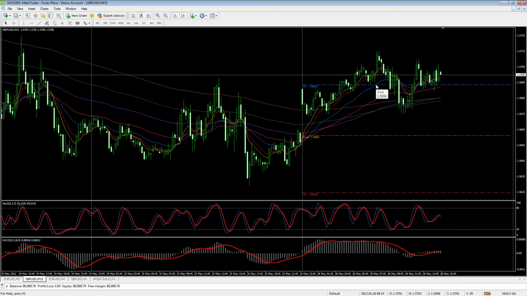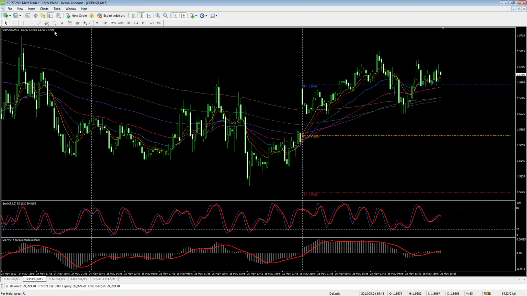What I suggest, and what I do, is organize 4 or 5 charts of the same currency pair on one screen, in 4 or 5 different time frames, and I look for potential supports or resistances.